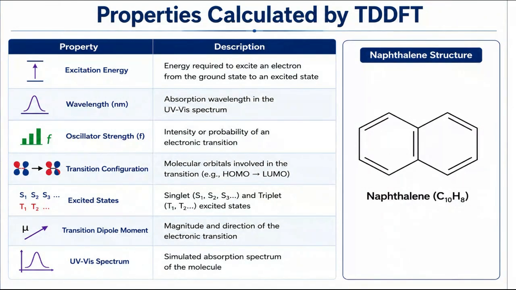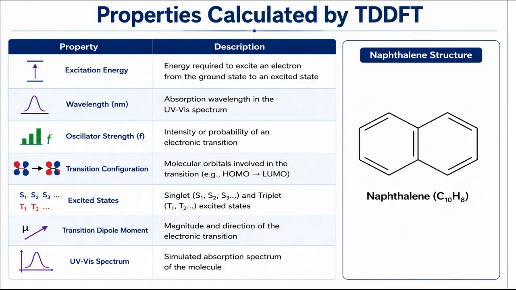Transition configurations are the molecular orbitals involved in the transitions, along with the different excited states. Transition dipole moment is the magnitude and direction of the electronic transitions, and the UV visible spectrum is the simulated absorption spectrum of the molecule. So these are only descriptions. When I calculate the results, I will explain each of the properties with the data.